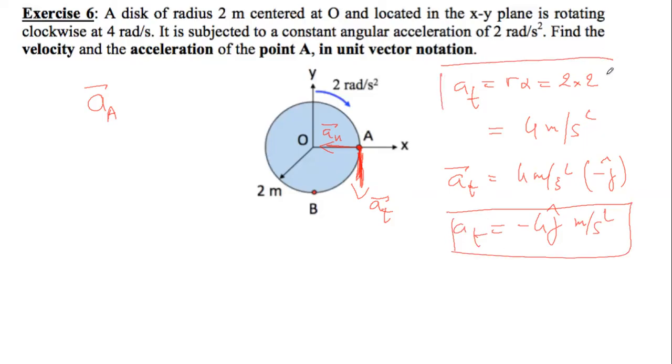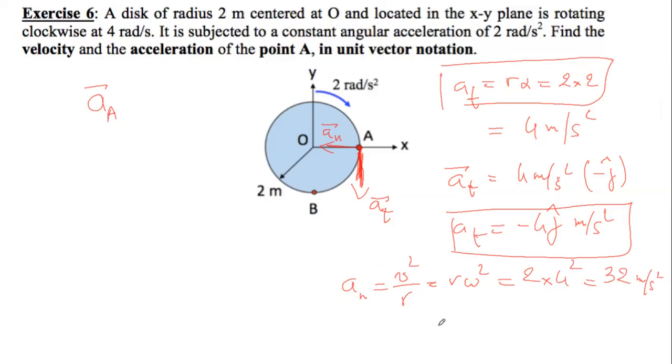Okay, you know this. Now the second component is the normal acceleration. You know that it's v squared over r, or r omega squared. r is 2, omega squared is 4 squared, and this gives me 32 meters per second squared.